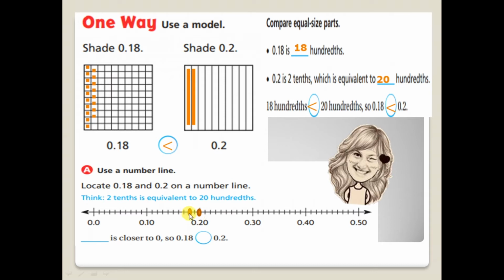Which one is closer to 0, the smallest number on the number line? It's 0.18. So 0.18 is the closest number to 0. So in this case, which one is lesser? 0.18 is less than 0.2.